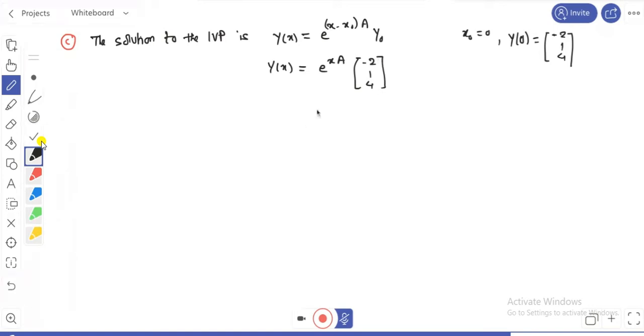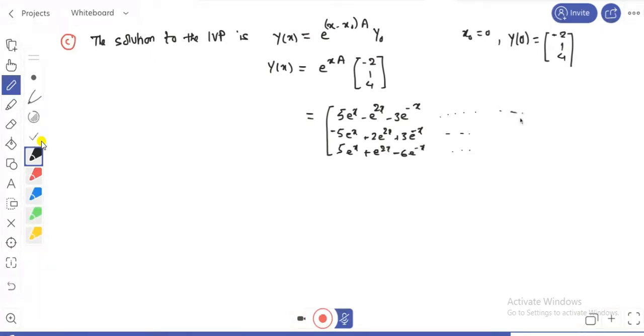So now what is e to the power A x, the exponential of A? You have already calculated it, and this term is 5 e to the power x minus e to the power 2x minus 3 e to the power minus x, minus 5 e to the power x plus 2 e to the power 2x plus 3 e to the power minus x, 5 e to the power x plus e to the power 2x, 6 e to the power minus x, and similarly the second and third.